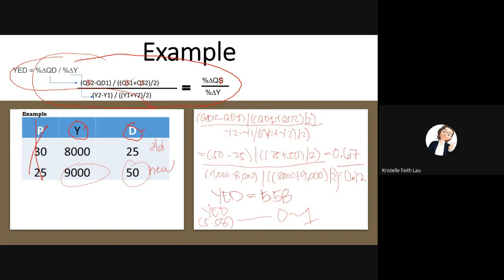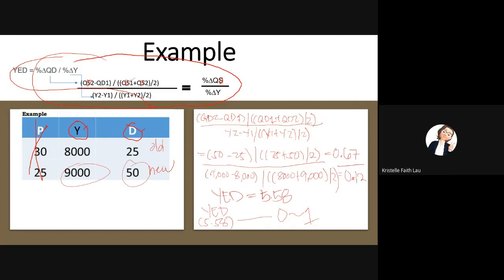So, class, if ang YED natin is less than 0 or negative, it is interpreted as inferior goods. When your income increases, you buy better quality goods and so buy less of the low quality goods. But if the YED is greater than 0, so 0 to 0.99, it is interpreted as normal goods. This occurs when an increase in income leads to an increase in the demand for the good.